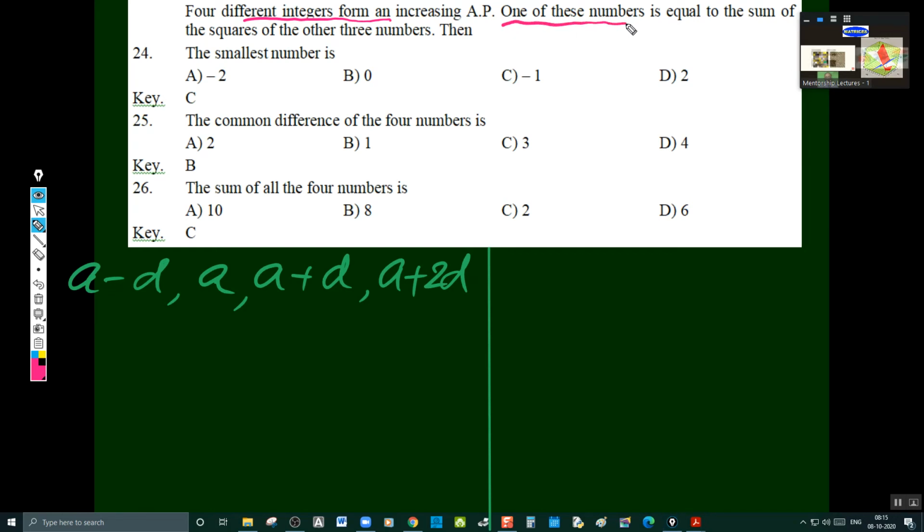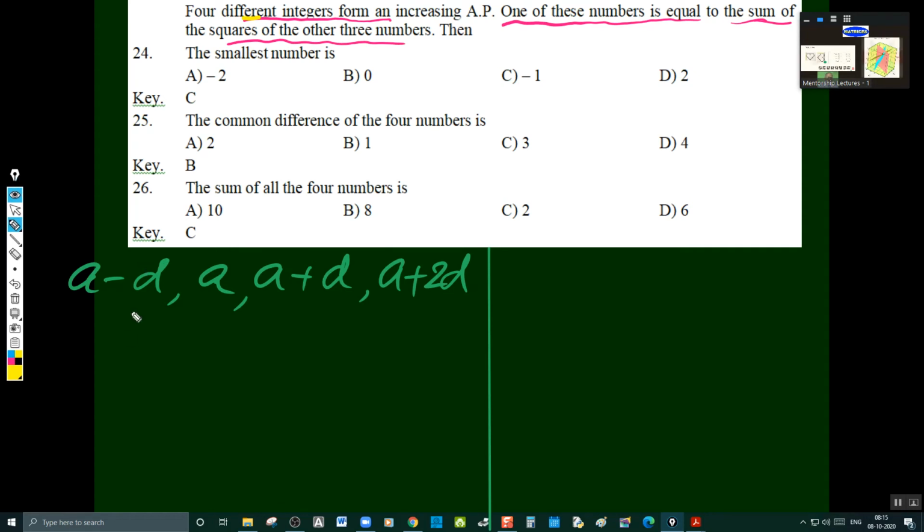One of these numbers is equal to the sum of the squares of the other three numbers. So let us take the highest number first, because it is an increasing AP. What is given?